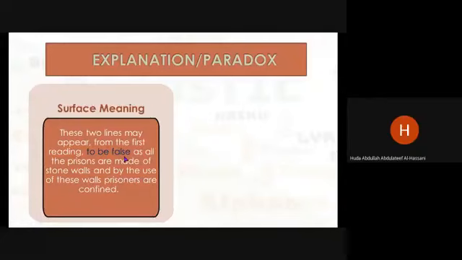Okay? It's clear that we have a prison. A prison is a room, and the room consists of 4 walls with a ceiling. So physically, pay attention to this, the person here is confined, is imprisoned physically. And this is the surface meaning.